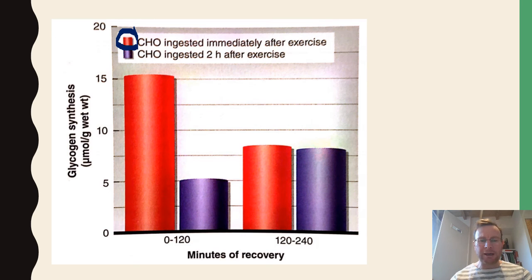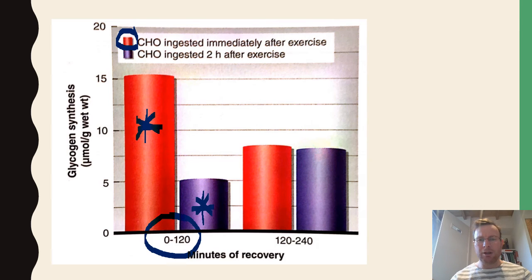And what we're looking at in the first block here is athletes' glycogen stores. So what you see on this left hand side, I'll just put a little star on it, is that these people had a high carbohydrate meal immediately, and these people in blue waited 2 hours.